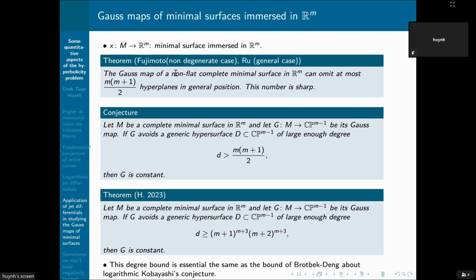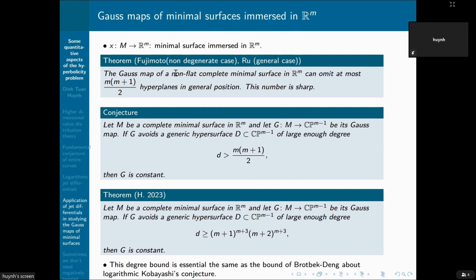They prove that the Gauss map of a non-flat complex minimal surface in Rm can omit at most m(m+1)/2 hyperplanes in general position, and this number is sharp. First, Fujimoto proves this result for the case where f is linearly non-degenerate, and Ru proves this statement in the general case.